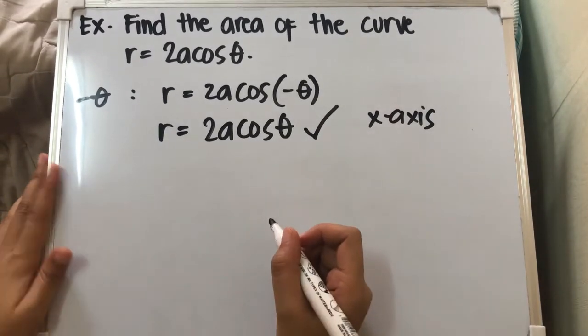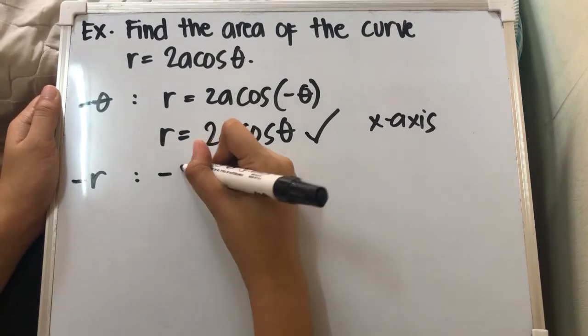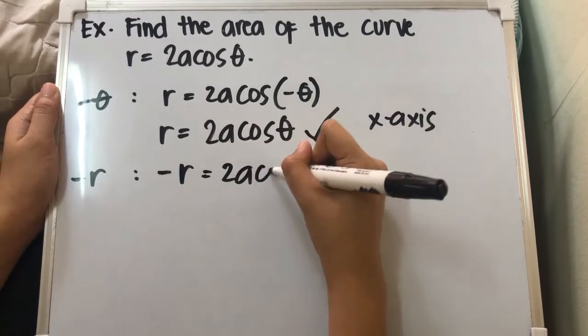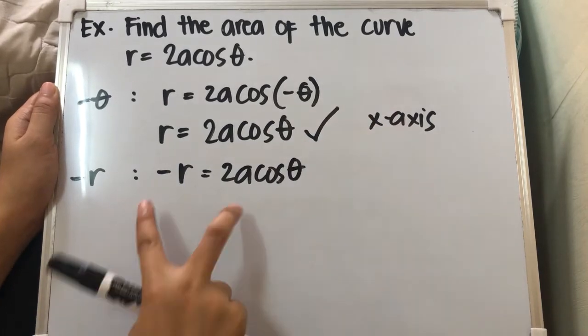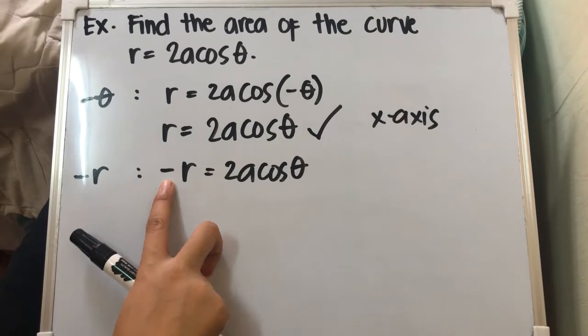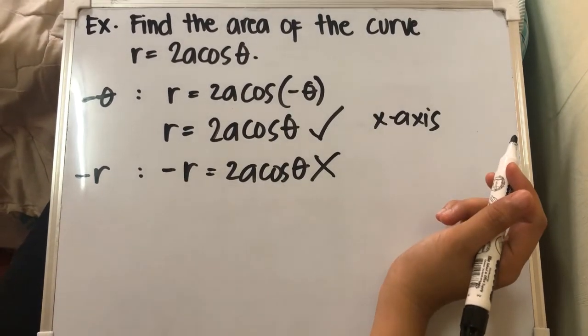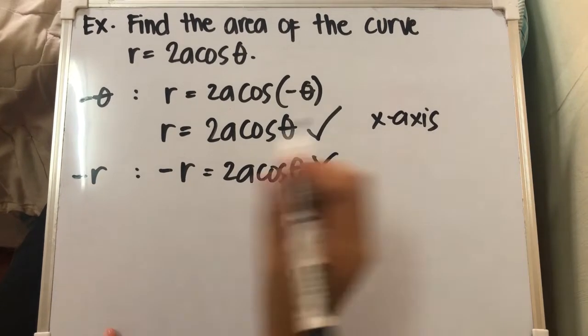Now, if we change r to negative r, negative r is equal to 2a cos theta. As you can see, this is different now since r is negative, so it is not symmetric with respect to the origin.